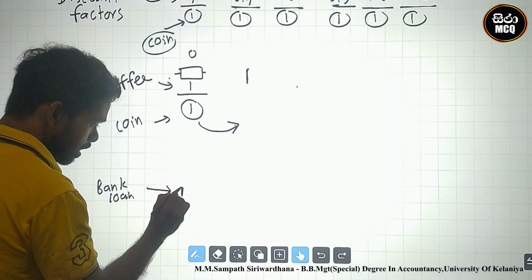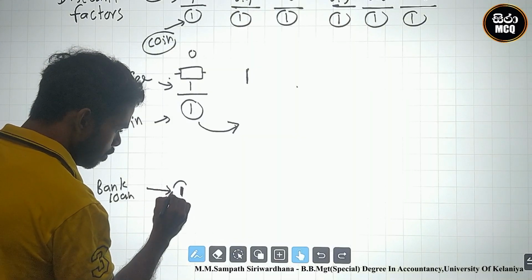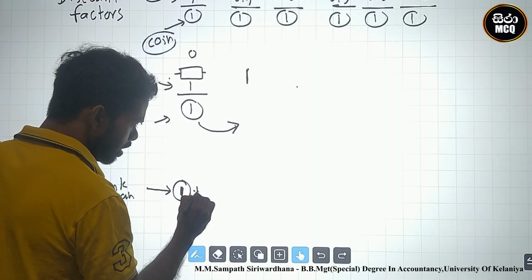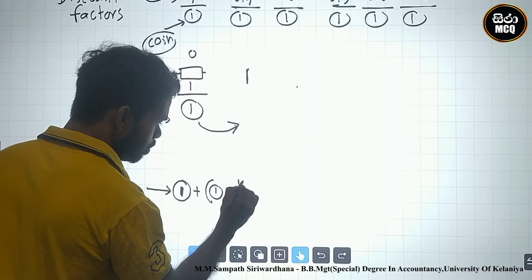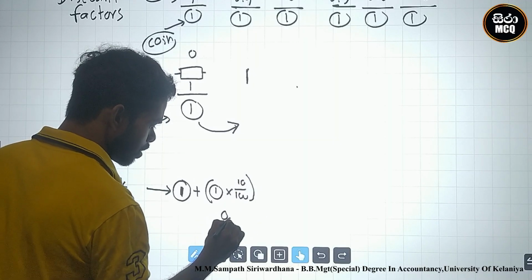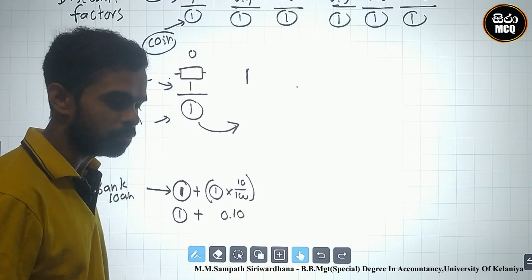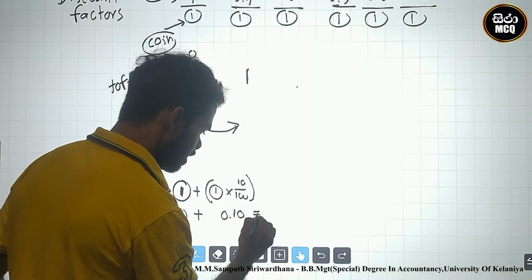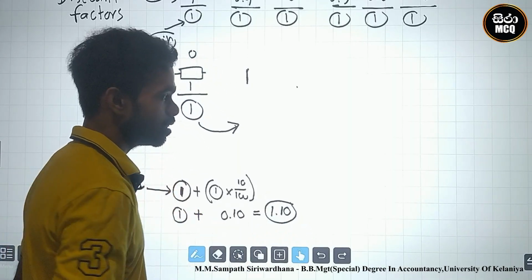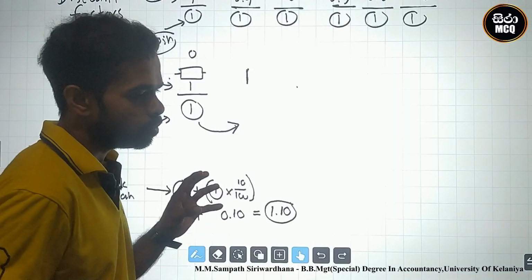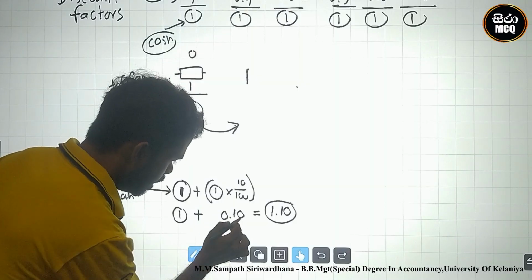Therefore, the seller adds some interest, 10% for 1 rupee, which means 10 cents. Therefore, he adds 10 cents to 1 rupee. At that point, 1.1 is the new toffee price after 1 year. Why? He expects interest from the toffee after 1 year. The interest is 10 cents.